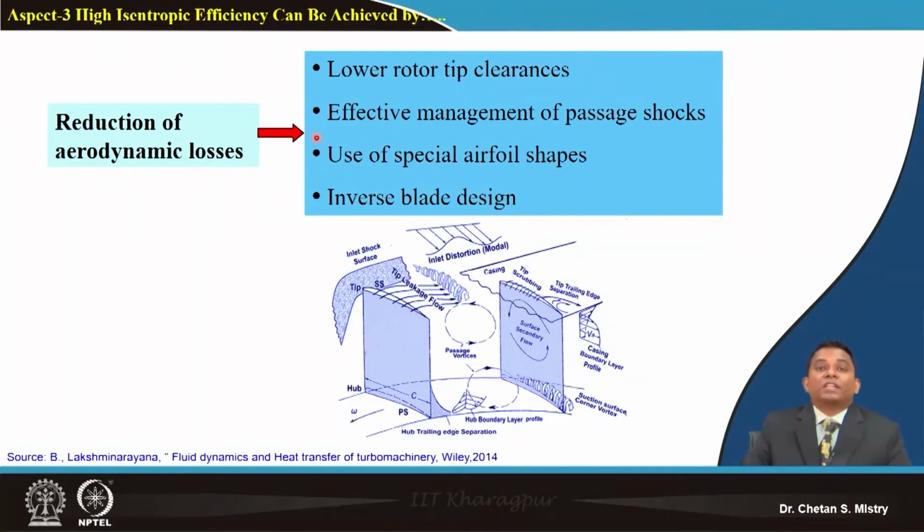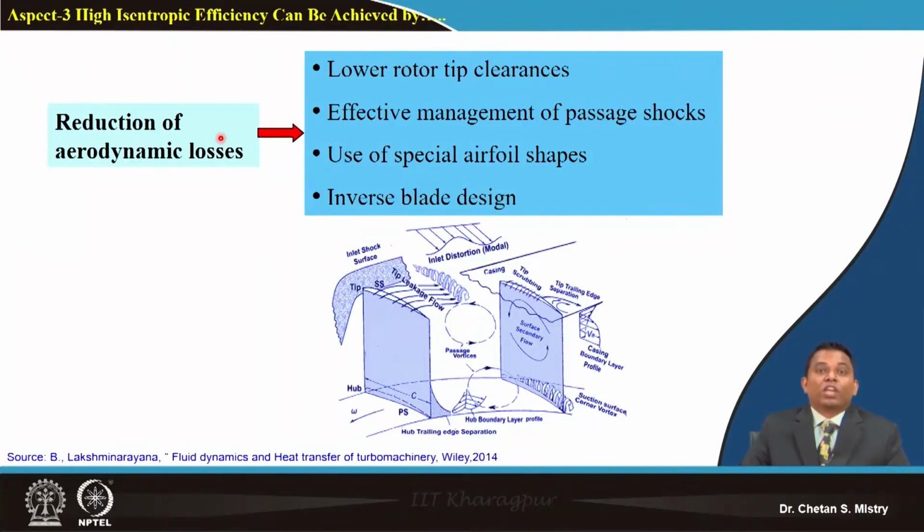If we are not managing our flow, there may be chances that we will have flow separation on the suction surface of my blade, or maybe under negative incidence configuration, we will have separation on the pressure surface of the blade. Next, it says we need to go with special kind of aerofoils. This also we have discussed. When we are talking about a subsonic compressor or subsonic fan, we are looking for special kind of aerofoils.